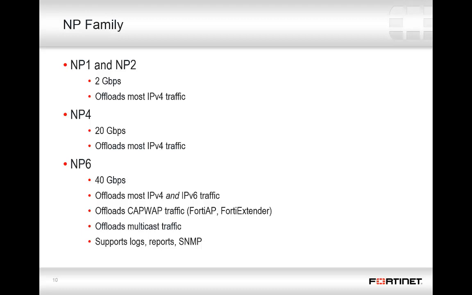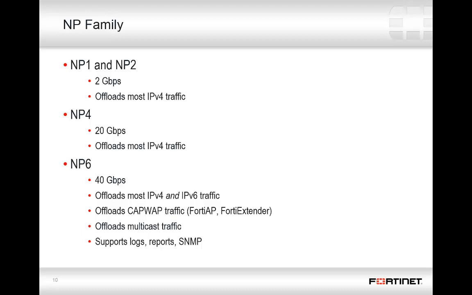Four revisions of network processors exist. Features vary by revision. The first 3 revisions, NP1, NP2, and NP4, offload most types of IPv4 traffic. But notice that NP4 has up to 5 times better performance than NP1 and NP2.